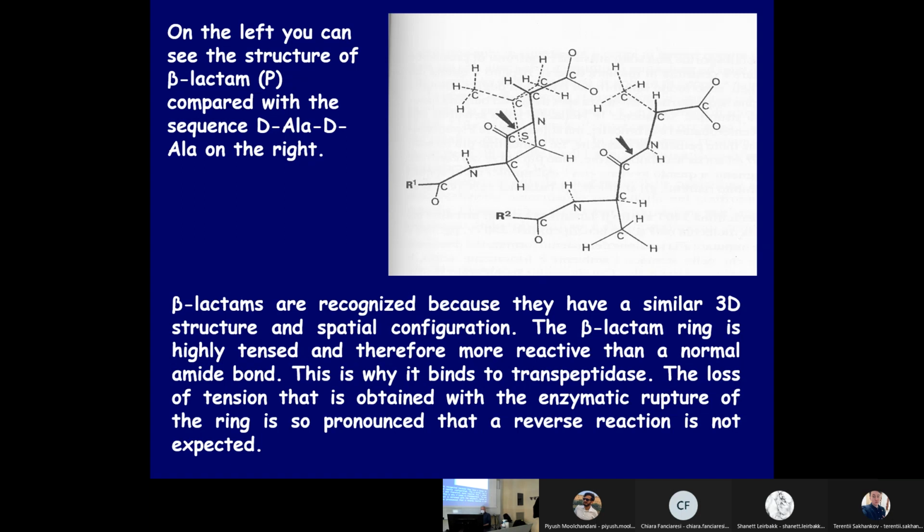Just to understand why penicillins are able to compete for the same site of the transpeptidase, the active site of the transpeptidase.